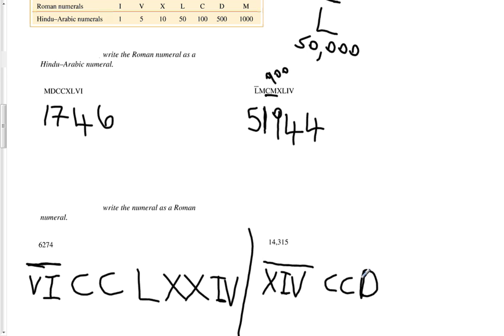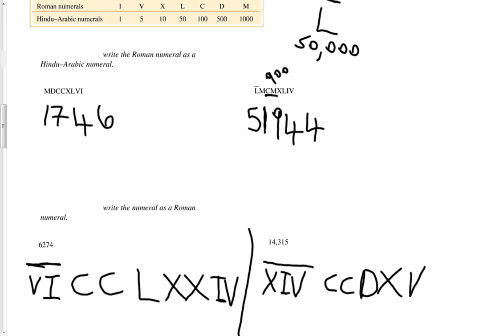And then for 15, I would just write X, which is 10, and V, which is 5. So the 14,300 is right here, CCD, and 15, XV. All right, so that is how the Roman numeration system works.